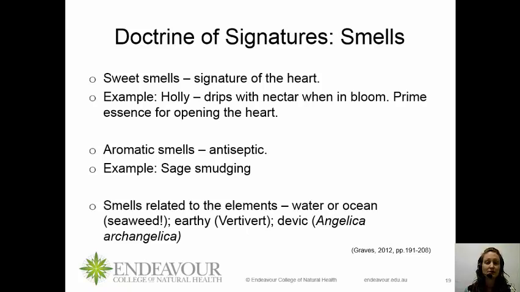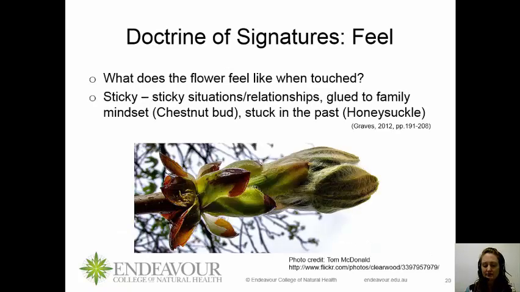And this is all taken into consideration with the doctrine of signatures. I talked about stickiness as a good example of this, and there are a couple that call out when I think of flowers that are sticky.